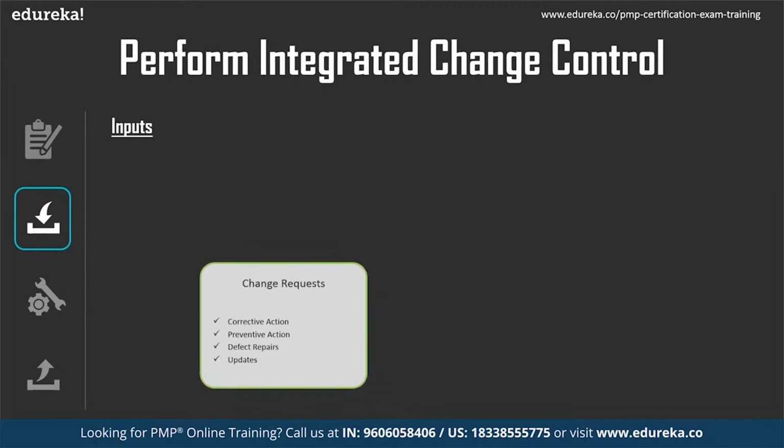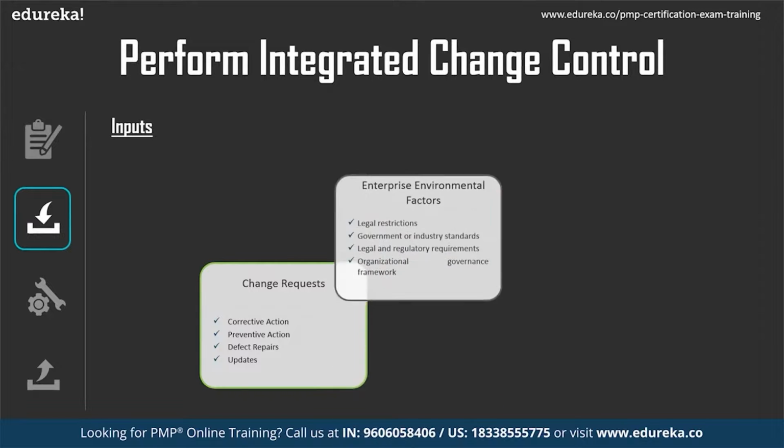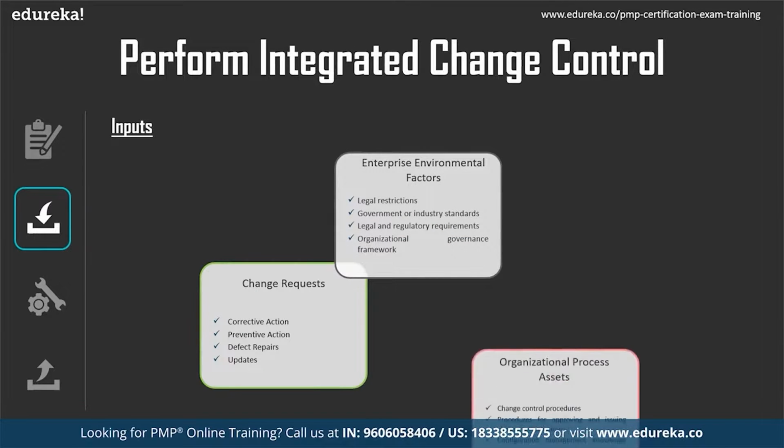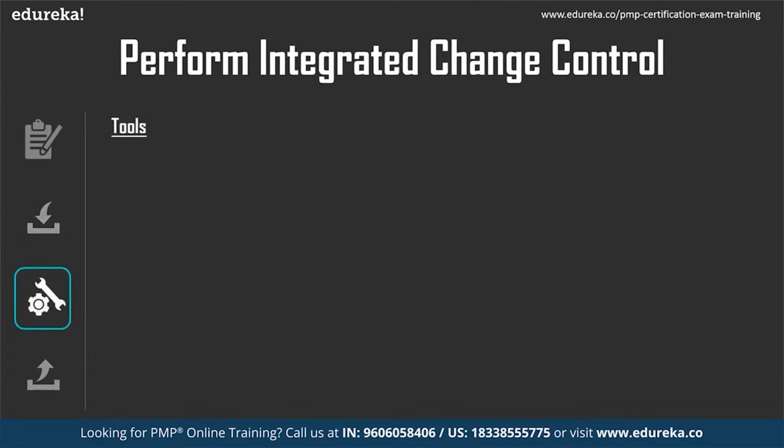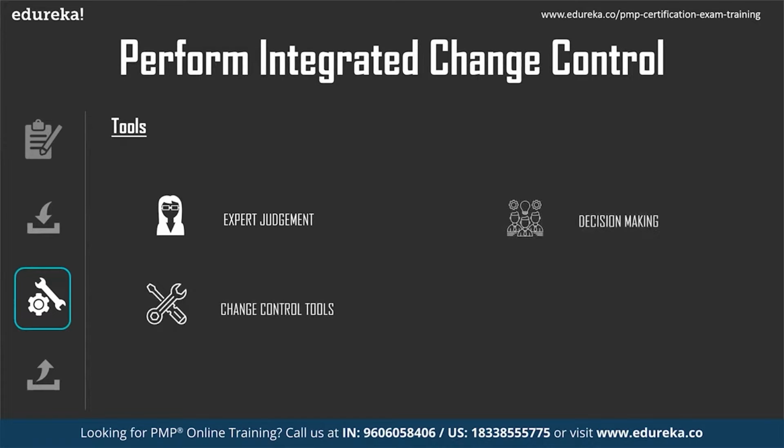Then change requests, which are required for corrective action, preventive action, defect repairs, or any updates. Then enterprise environmental factors and organizational process assets. The tools used as part of perform integrated change control would be expert judgment, change control tools, decision making, meetings, and lastly, data analysis.